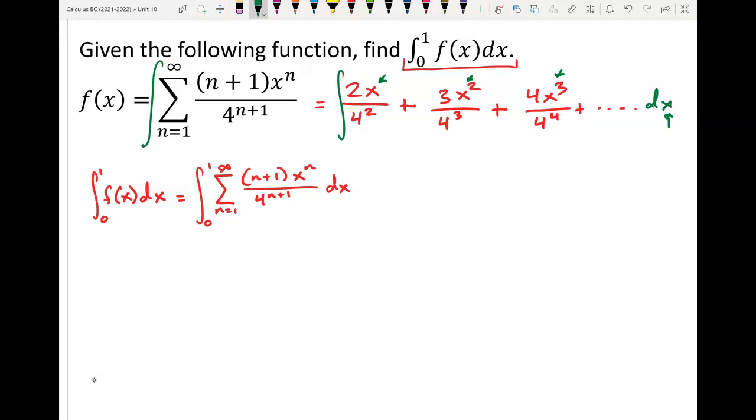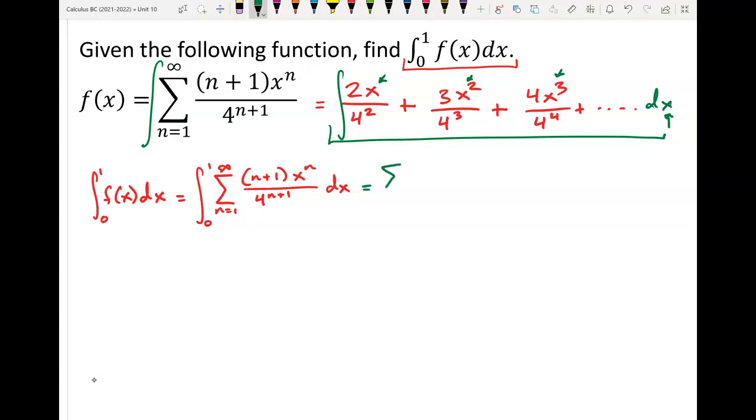So I'm integrating all these different terms, and then I'd be adding up the antiderivative of each of the different terms. So the integral of a sum would be the sum of the integral of every single term. So I could write that down here.